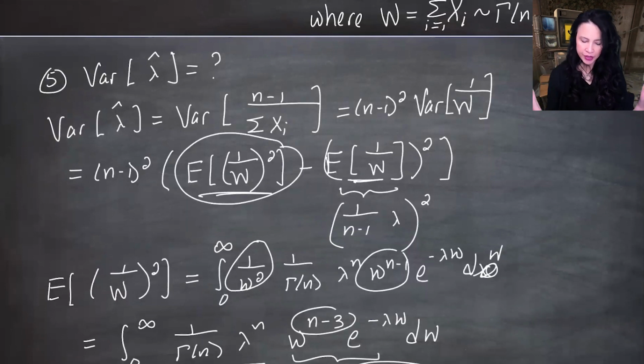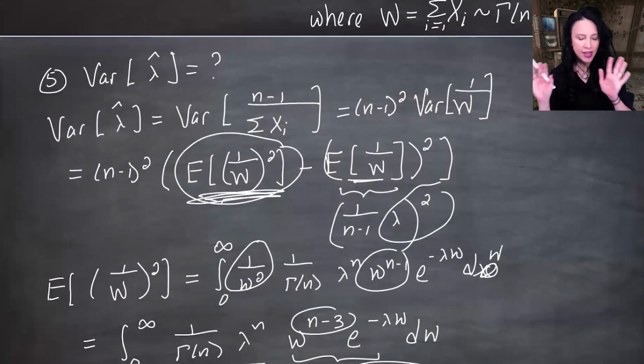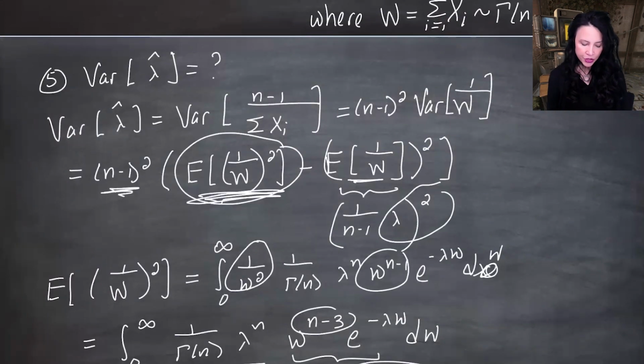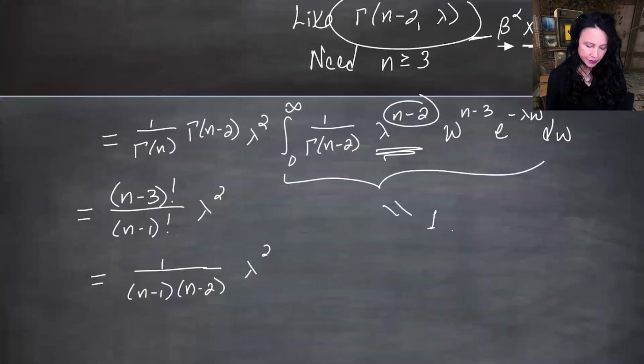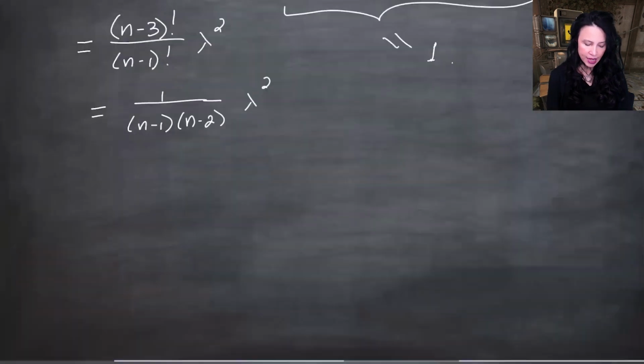Okay, let's pull it all together. I have a lambda squared over here and a lambda squared coming out of this expectation. So I'm going to go ahead and pull the lambda squared all the way out. I'm going to start with this n minus 1 squared. What is this called? The variance of lambda hat.